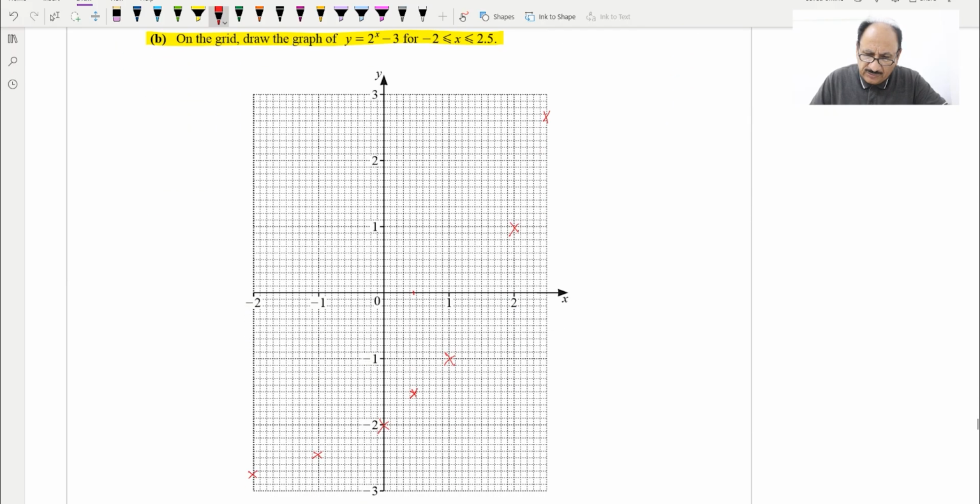So these are the points. Then we need to draw the graph. We can draw a smooth curve like this one. And to draw a smoother curve, we can draw from this side also like this.